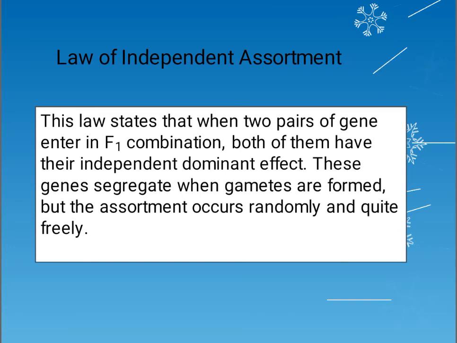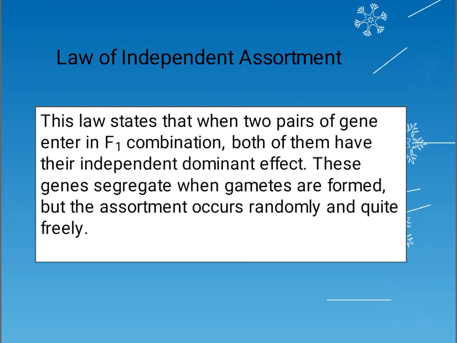According to this law, the allele of one gene can freely combine with the alleles of another gene. Thus, each allele of one gene has an equal chance to combine with each allele of another gene.